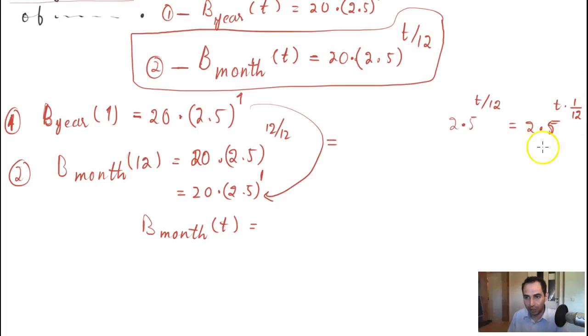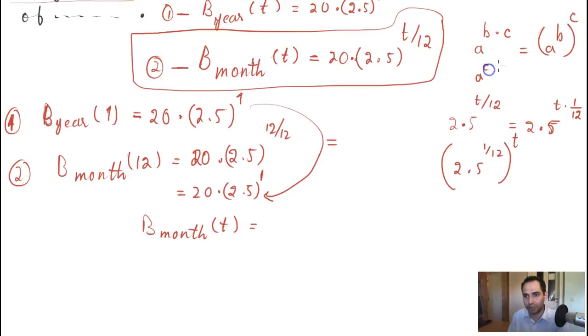And then I can rewrite this as 2.5 raised to the power 1 by 12 whole raised to the power t, because a raised to the power b into c can be written as a raised to the power b whole raised to the power c, or as a raised to the power c whole raised to the power b.